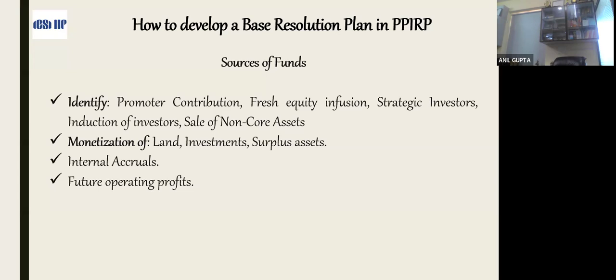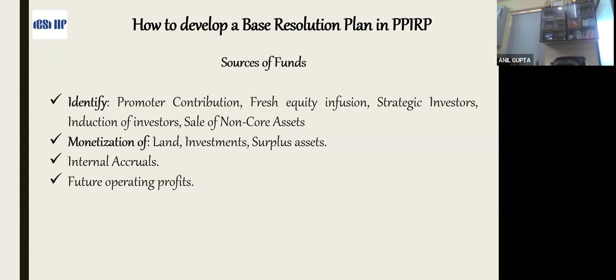instead of the company being run by the resolution professional, the company is run by the corporate debtor, which gives better results. Because if they asked me to run the company, I may not be as well versed as a corporate debtor. A corporate debtor knows all the people, debtors, creditors, staff, and what type of problems the machinery has.